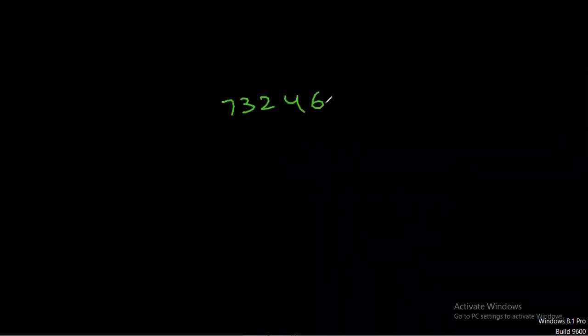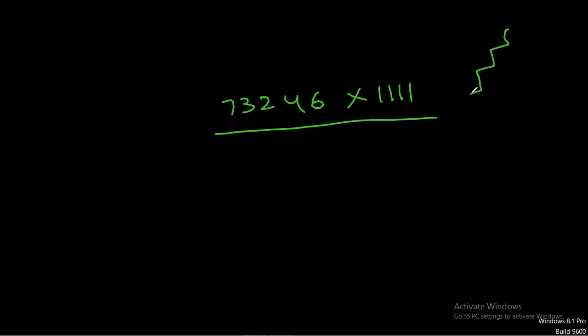So let's see. Whenever we take 4 digits, it will be the same procedure. The series is the same, based on the number of ones we have to do. Here we are doing 4 ones, right? So the steps will be like this: first 1 digit, then first 2 digits, first 3 digits, finally first 4 digits. Understand?